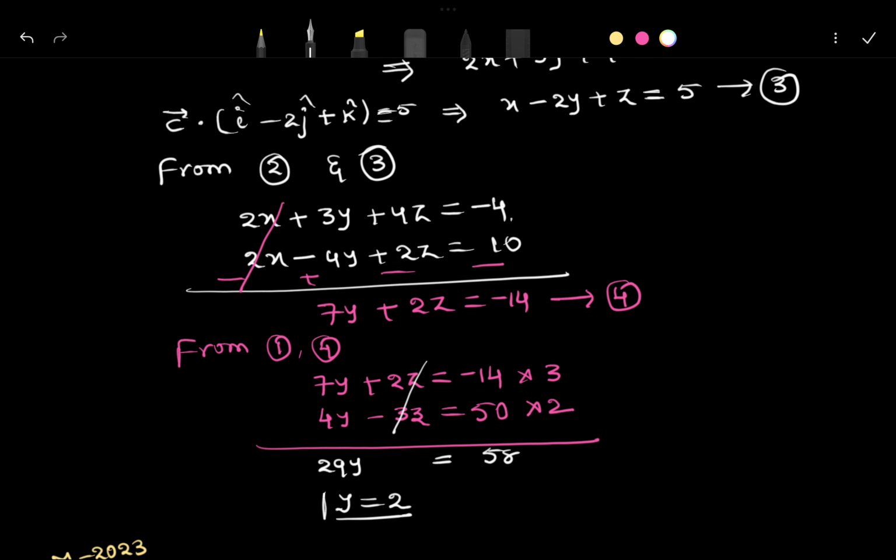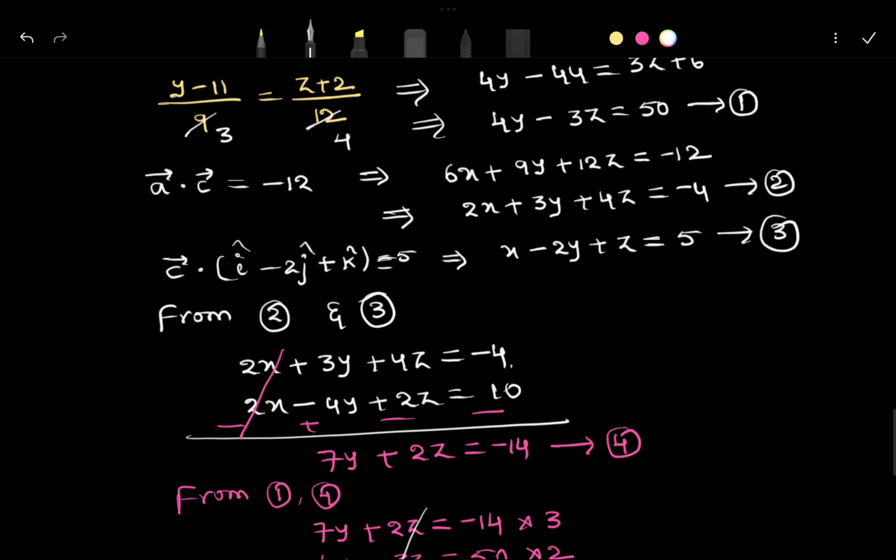Substitute this y value in the first equation or in the fourth equation, you get z is equal to minus 14. After you get the y value and z value, substitute in the second equation or in the third equation. From equation 3, substitute all those values, you will get x is equal to 23. So you got the x value, y value and z value.